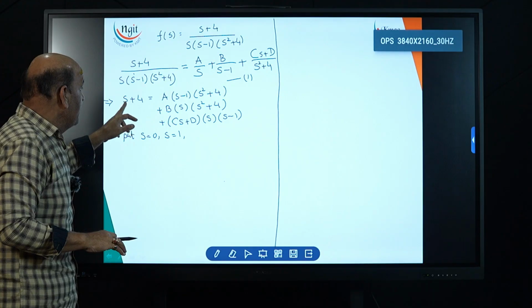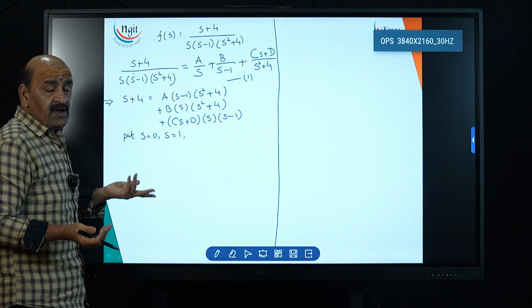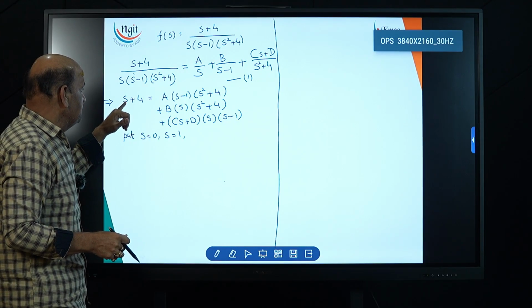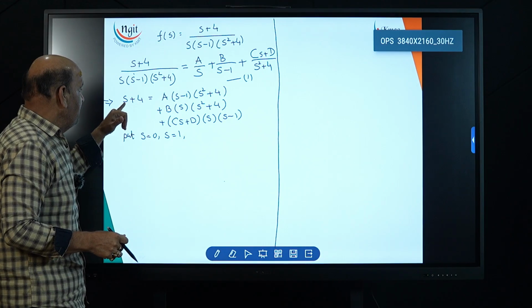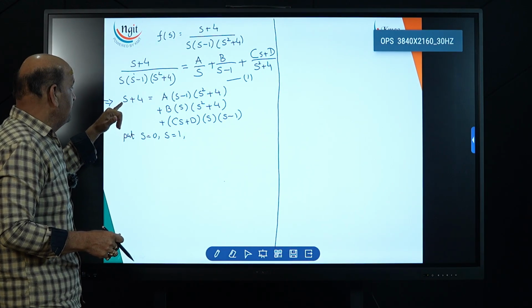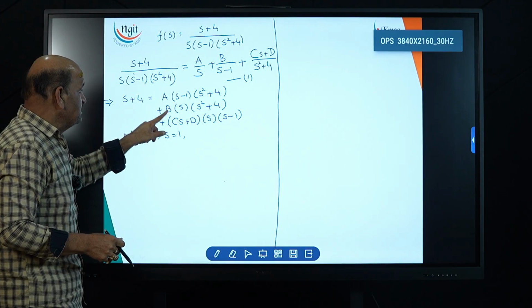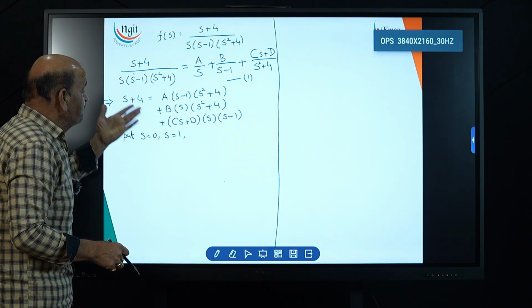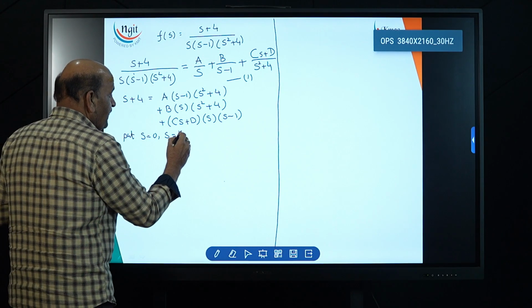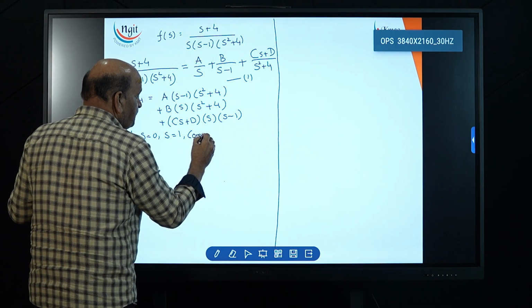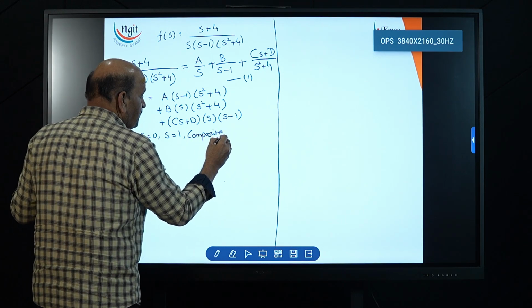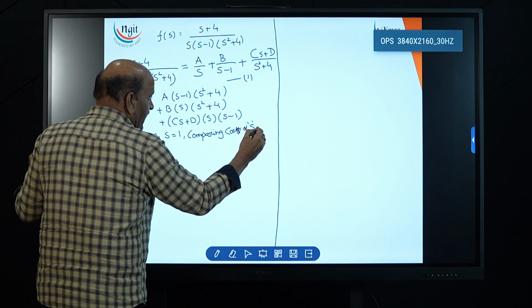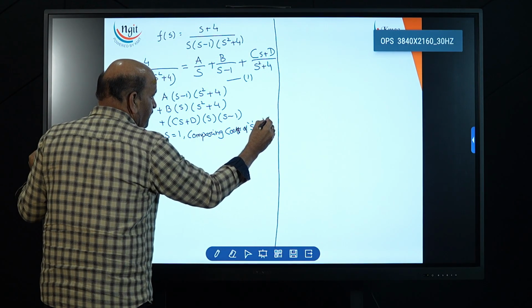Then you have to compare the s cube terms, the s square terms, the s terms and the constant, comparing both sides.